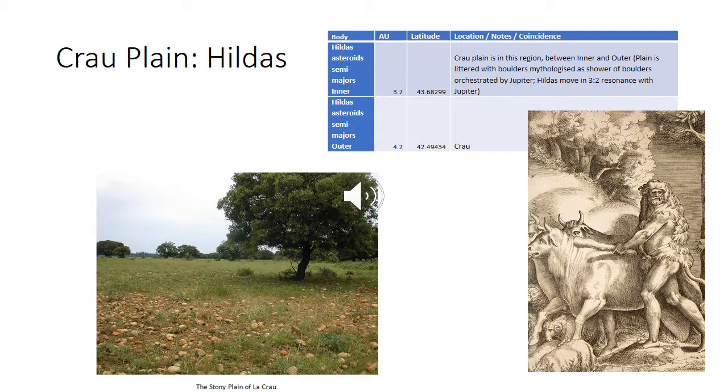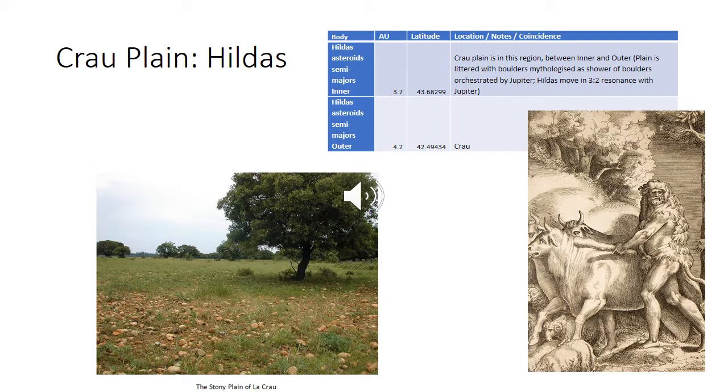And in myth, we know from Greek myth, this site, because it's littered with large boulders or, well, rounded stones, it being a floodplain in very ancient times, was mythologized as the place where Jupiter had sent a shower of stones in order that Heracles would have something to use as ammunition when attacked by bandits as he was passing through on one of his 12 labours.